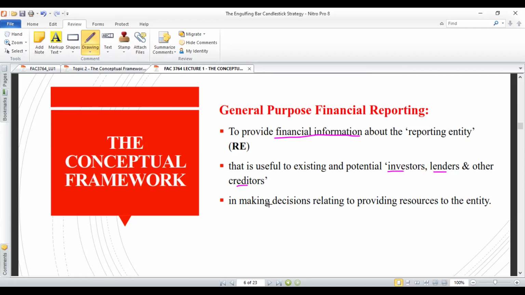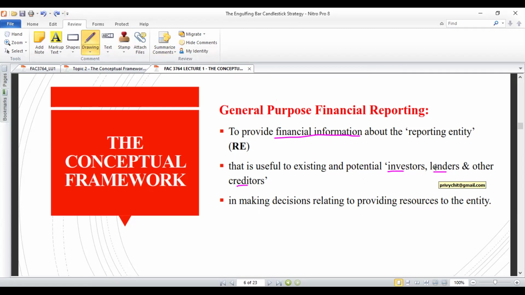So that they can make informed decisions relating to providing resources to the entity. If you look at it this way, lenders, for instance, would provide debt or credit to the company. Credit is a form of resource given to the company in monetary terms.